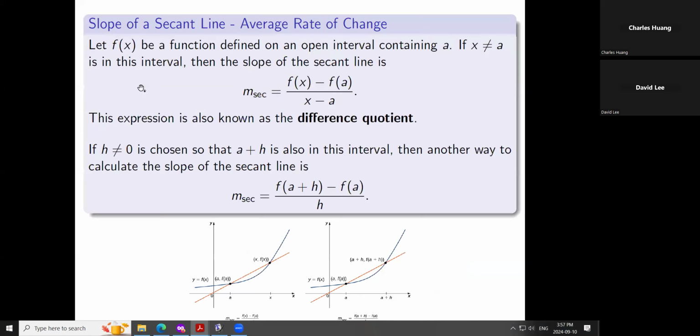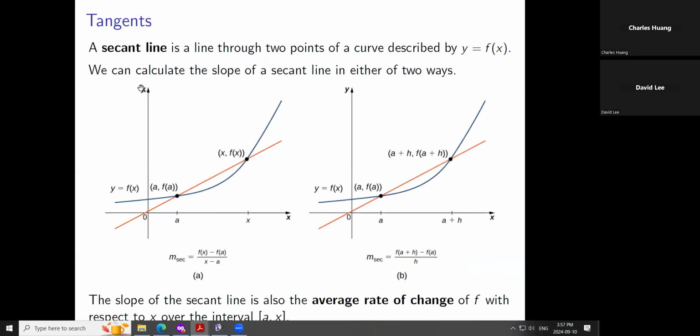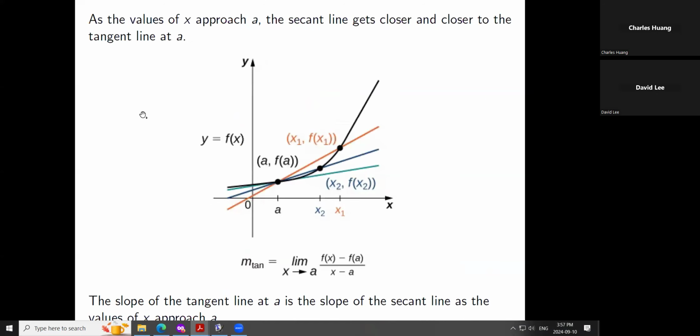So what we did was something else. We took our second point, which in this case, we have 1 point here, and we took a second point here, and we realized that the secant line that we draw is not very accurate.